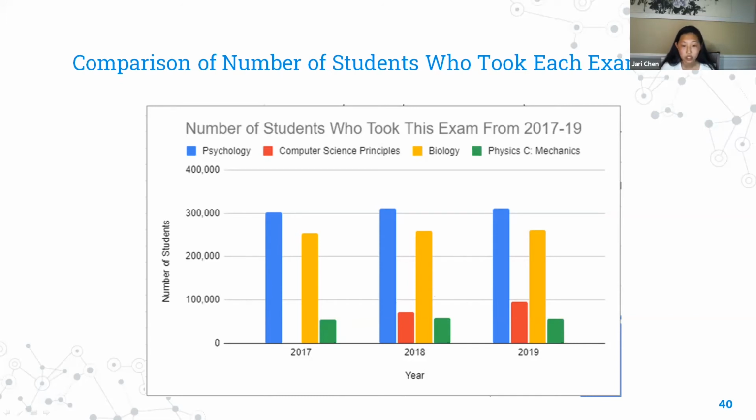Then it's biology, because most high schools just require you to take a science class, and most people choose biology because it is one of the easiest, most basic classes. And then the computer science class and the physics mechanics class both have pretty low numbers, because physics is just really hard and people are always deterred by that, and computer science is a very niche topic.